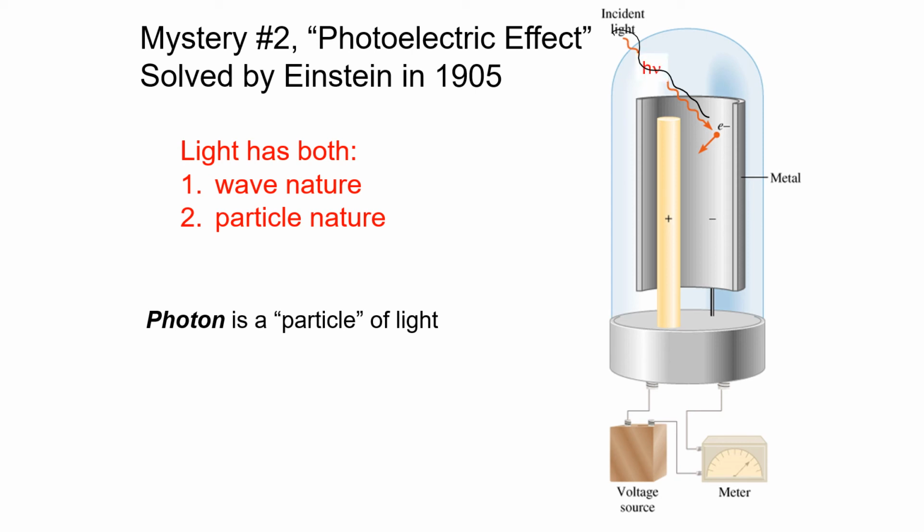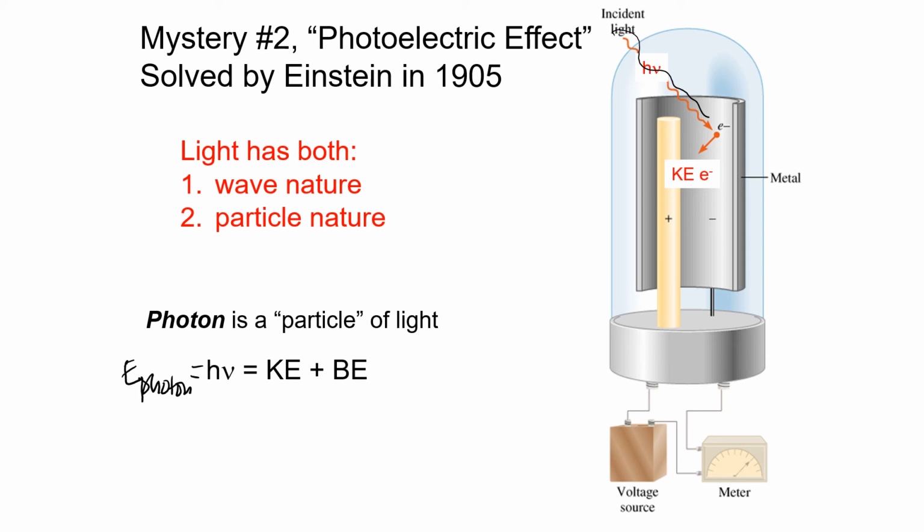Now we just saw how we can calculate the energy of a photon, and the energy of a photon is given by Planck's constant times frequency, but that also equals the sum of the kinetic energy of that photon plus the binding energy.